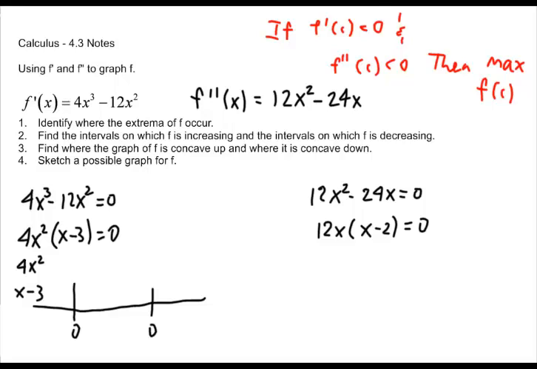And so when I look at this one, I said 3 and wrote 0 here. When I look at this one, I'm interested in 0 and 2. And we're going to check 12x and x minus 2.